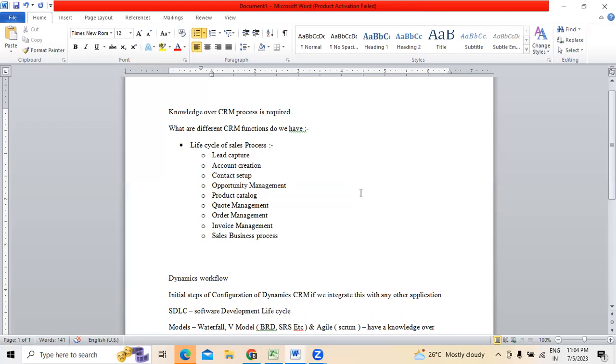What does a manufacturing industry do? A manufacturing industry develops different products and sells them to customers. That's what it is. If a manufacturing industry wants to become successful in their business, there are two major areas. One is their supply chain management process while they are manufacturing the product.